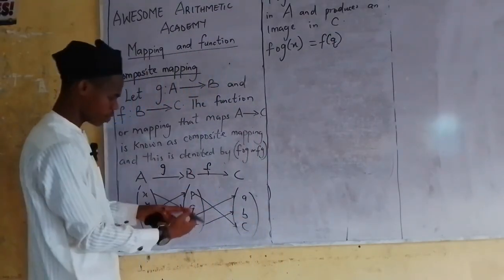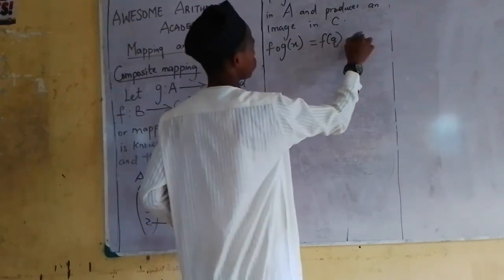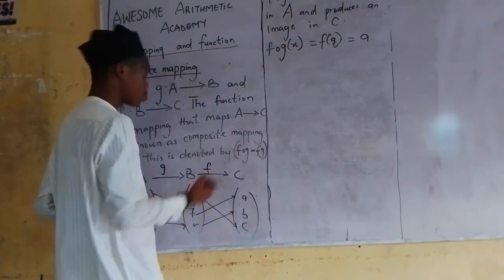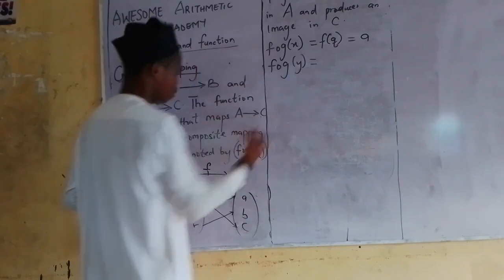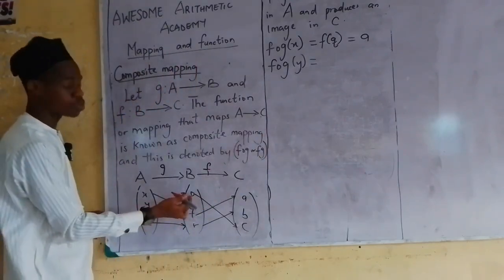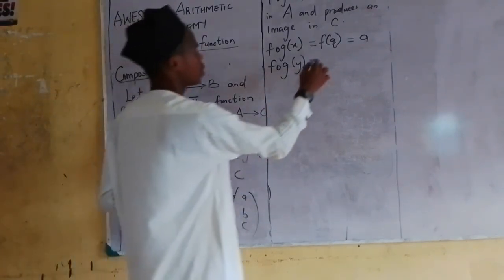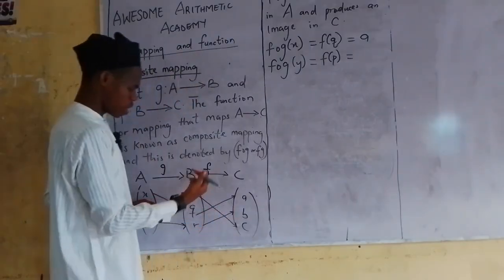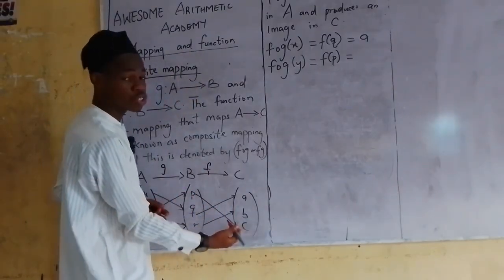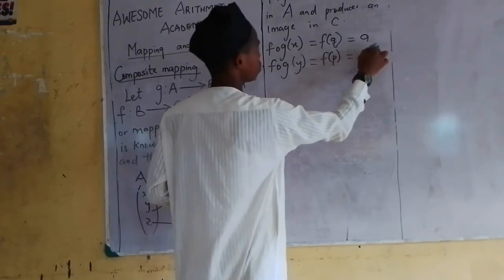And what is f of q? a. So that will give me a. The same thing with f of g of y. When g takes y here, it will produce p, right? So that will be f of p. And when f takes p here, it will produce c. So I'm having c here.